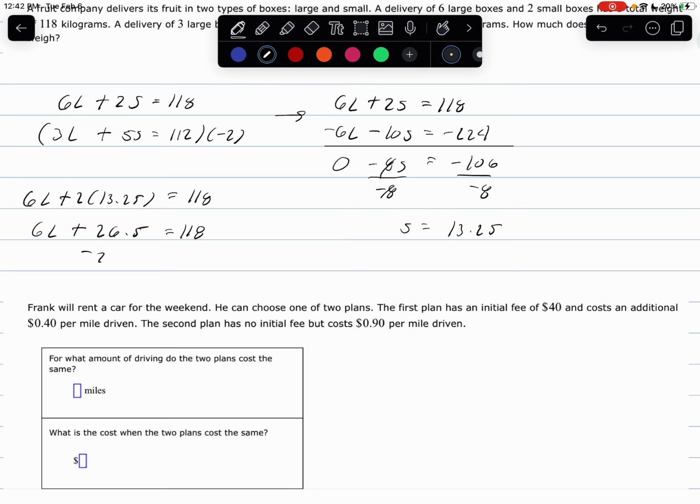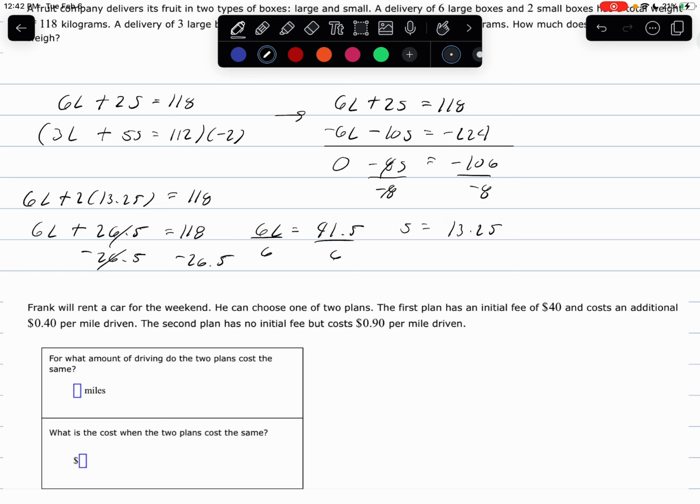So now we can take away 26.5, and we'll have that 6L is equal to, let's see, 91.5.